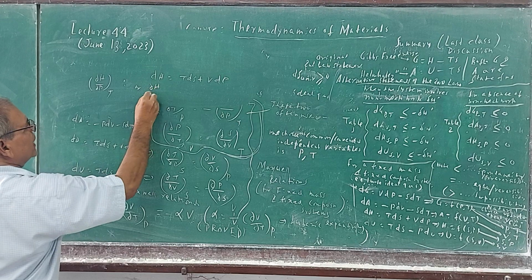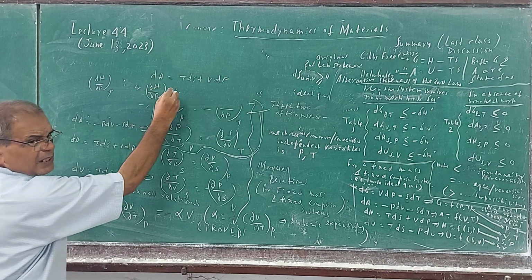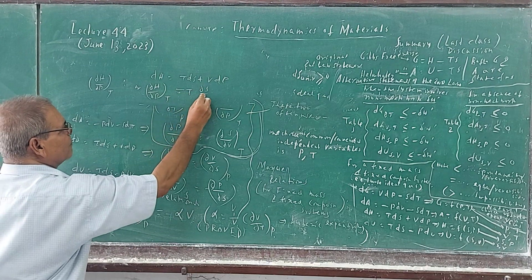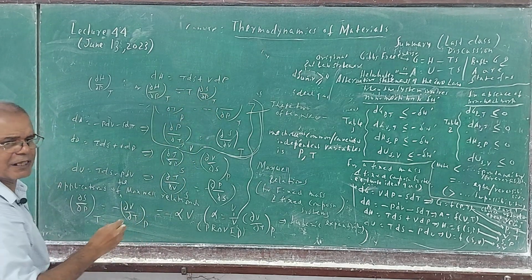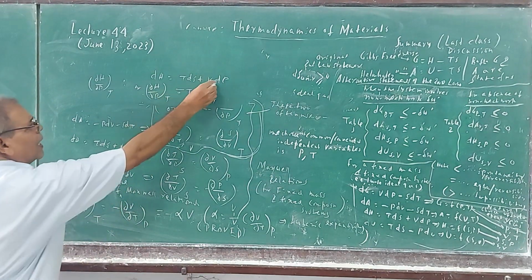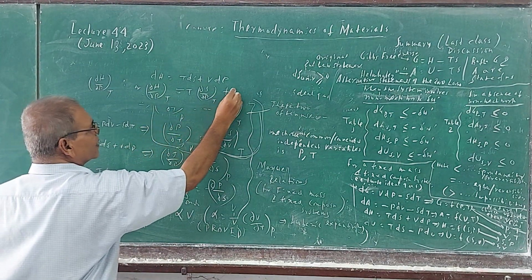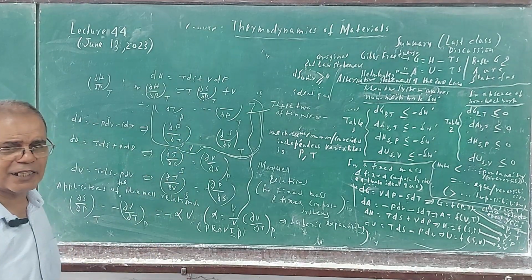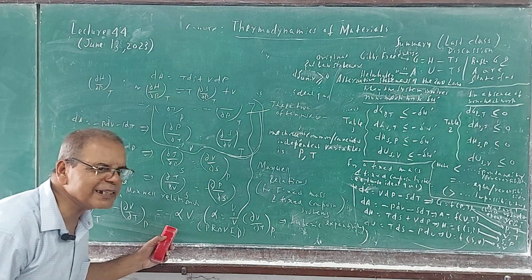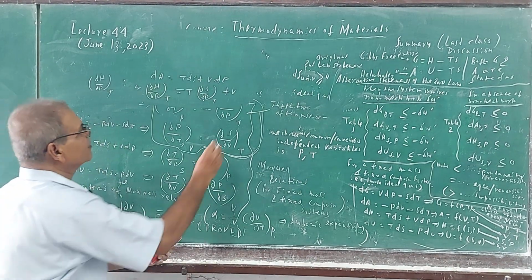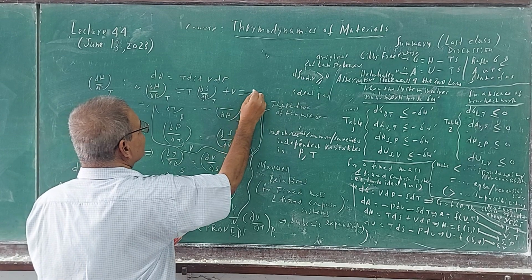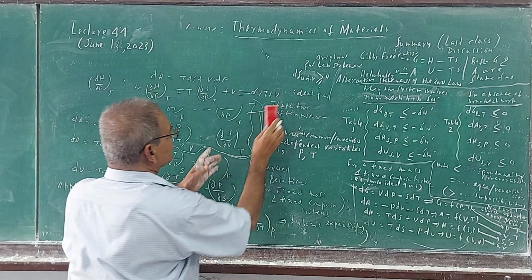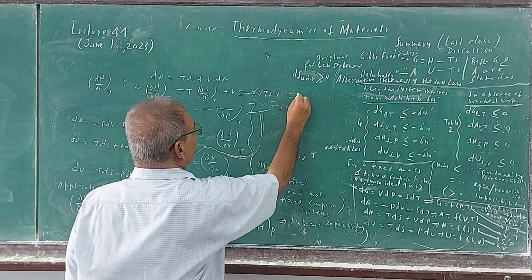Del H by del P at constant temperature is T del S by del P at constant temperature plus V. At least say something, at least one of you. What is del S by del P at constant temperature? Minus alpha V, a moment ago. So what it becomes? Minus alpha VT plus V, which gives you, since time is over, V common.